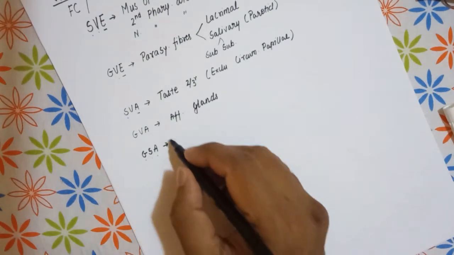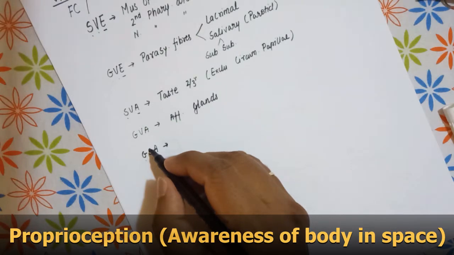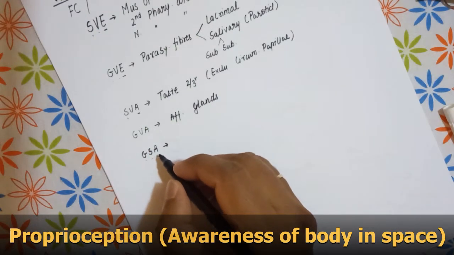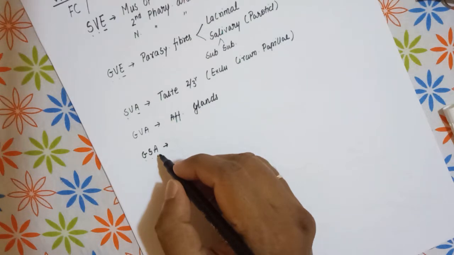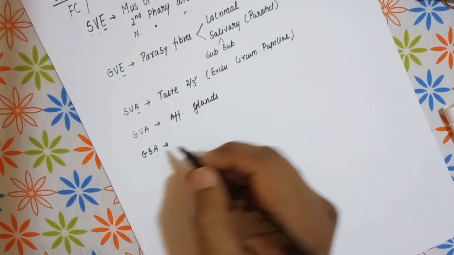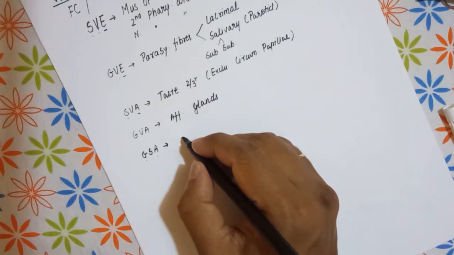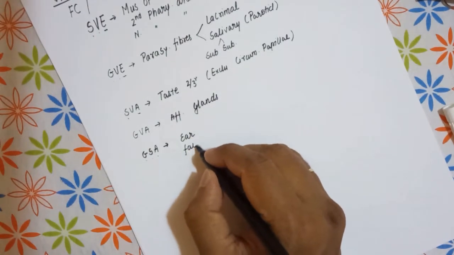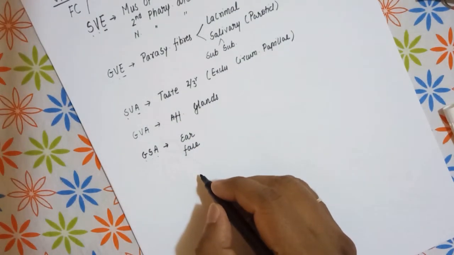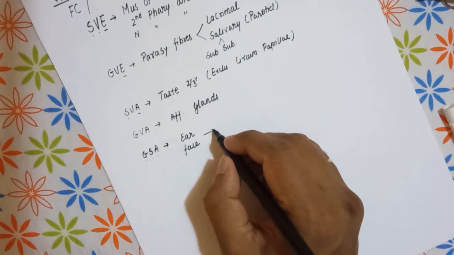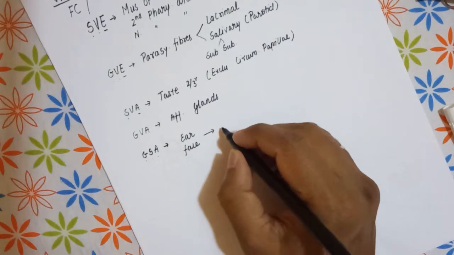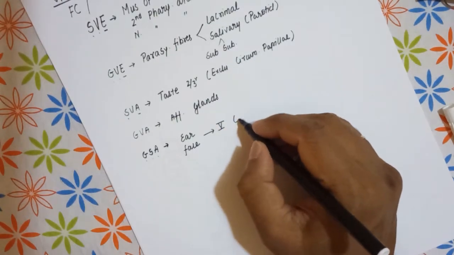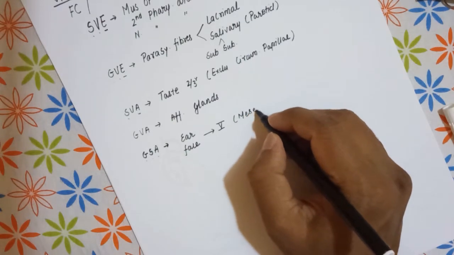All the proprioception, along with the sensory modality, is taken up with the help of the trigeminal nerve. So let us say the general sensation around the ear and face is carried by the facial nerve, but this modality will be interpreted by the trigeminal nerve, that is at the mesencephalic nuclei.